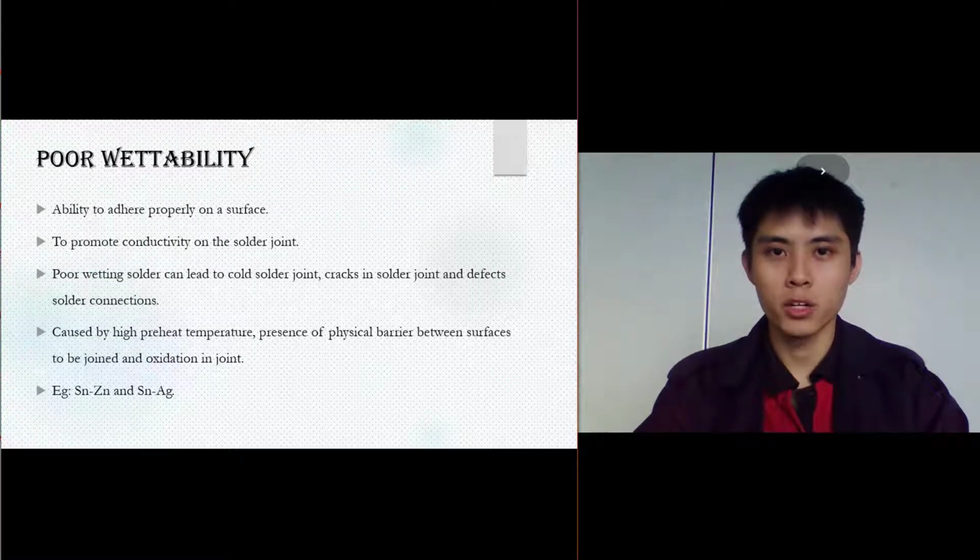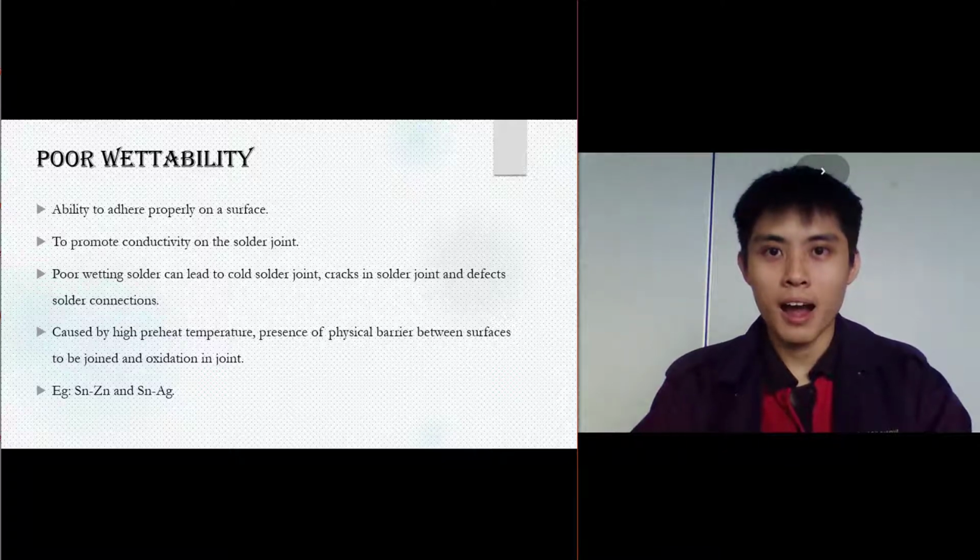Next is poor wettability. Wettability is the ability to adhere to a surface properly in order to promote conductivity on the solder joint. A poorly wetting solder can lead to cold solder joints, cracks in the solder joint, and defective solder connections. All these problems are caused by high preheat temperature, presence of a physical barrier between the surfaces to be joined, and oxidation occurring on the solder joint.